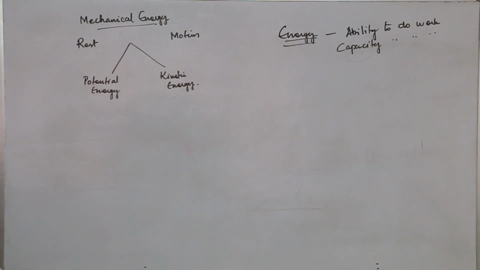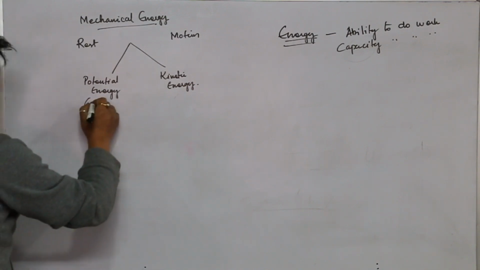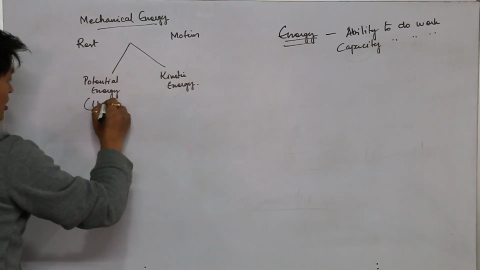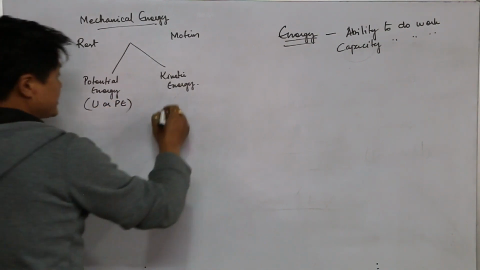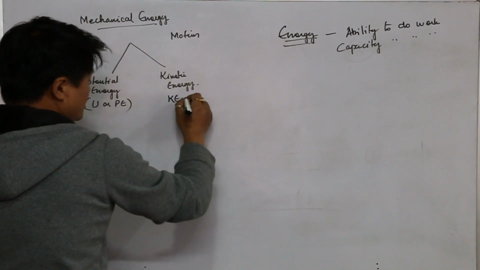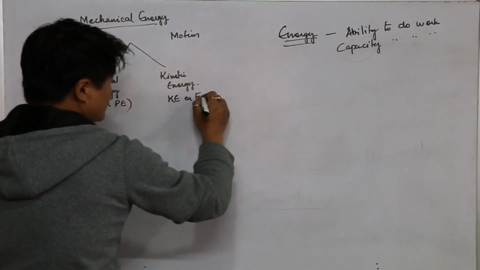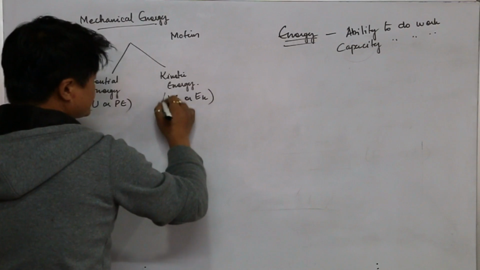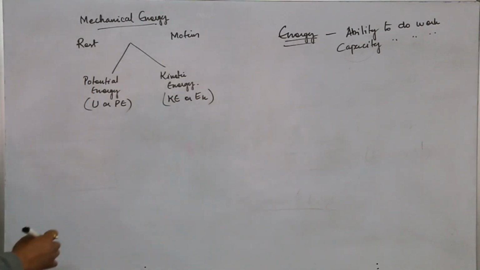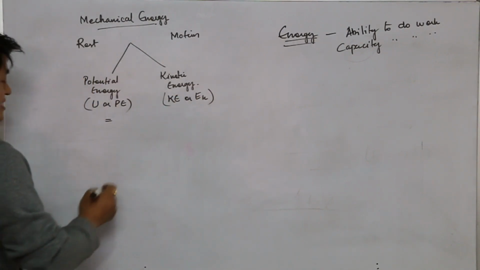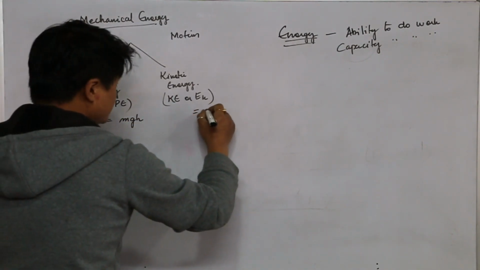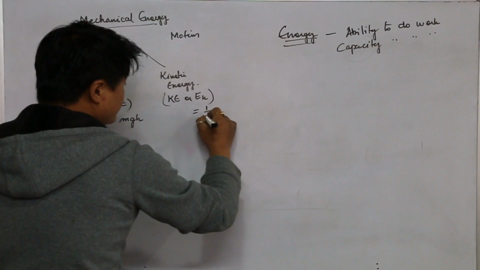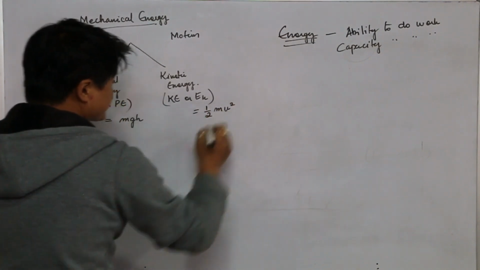Okay, and potential energy we'll write symbol U, capital U, or simply PE, and kinetic energy is your KE, or sometimes we also will write this way. Okay, this is your kinetic energy, and the formula for the potential energy is mgh, and for kinetic energy is half mv square.